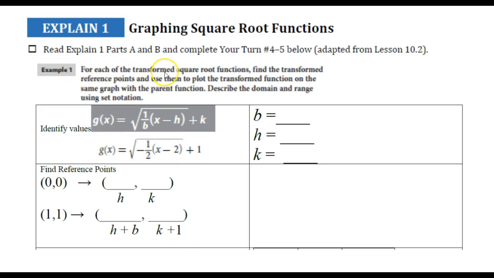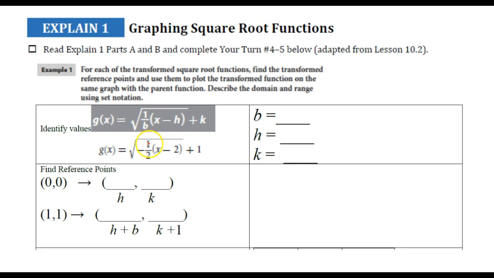So here's our next problem. Explain 1. Again, for each of the transformed square root functions, we're going to find the transformed reference points and use them to plot the transformed function on the same graph. Describe the domain and range. So here you'll notice that our square root function actually looks a little different, so I pulled this from our textbook as well. Here you see that's 1 over b.